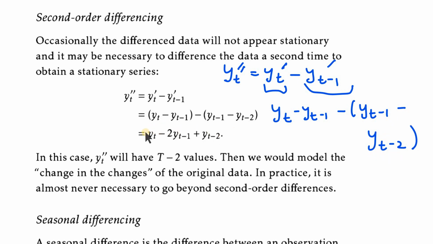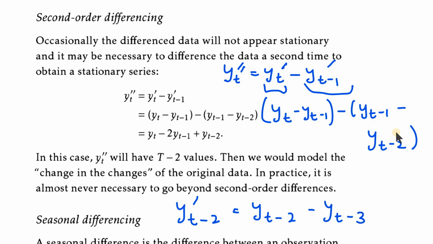Then we simplify and get this, the first term and the second term. If we have Yt-2 and difference one time, it becomes Yt-2 minus Yt-3.